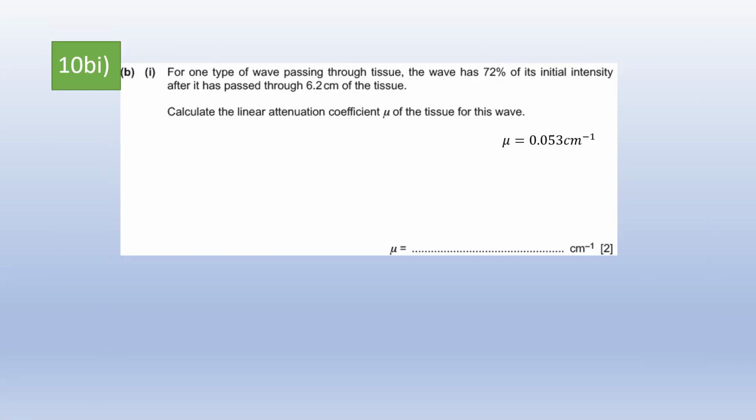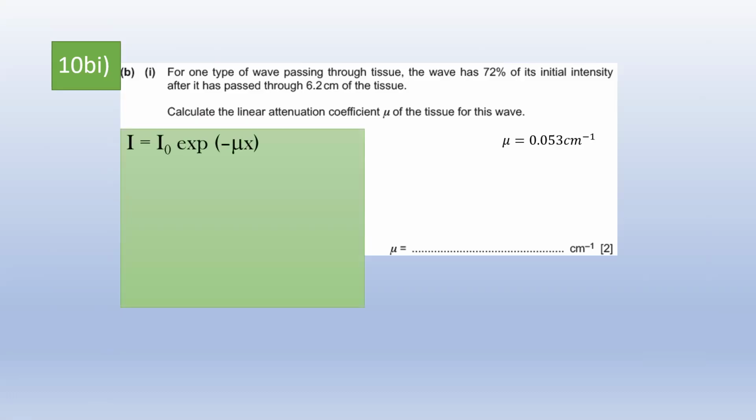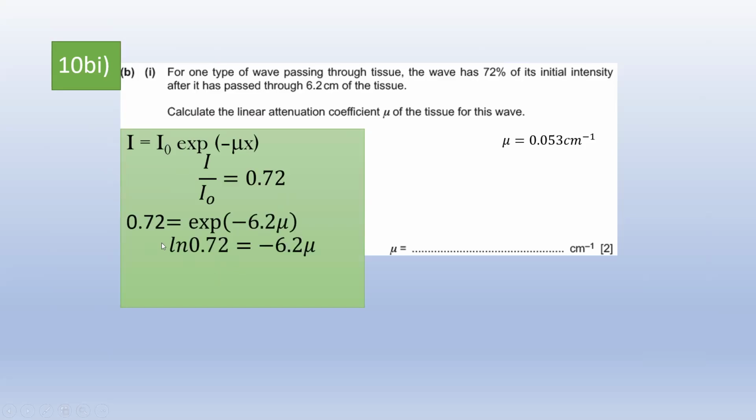Calculate the linear attenuation coefficient mu of the tissue. 32% is 0.32. Take the I naught down there, get that. Then take the ln, you get that. And mu is 0.18.